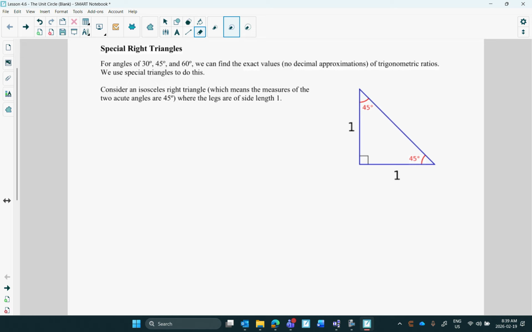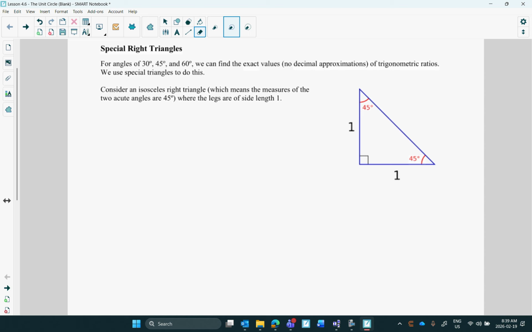So here's an example of a right triangle. Each of these angles measures 45 degrees, which means not only is it a right triangle, it's also isosceles, right? Because the two angles are the same, these two sides are the same. They have to be. So we're going to say, okay, this is 1, this is 1.